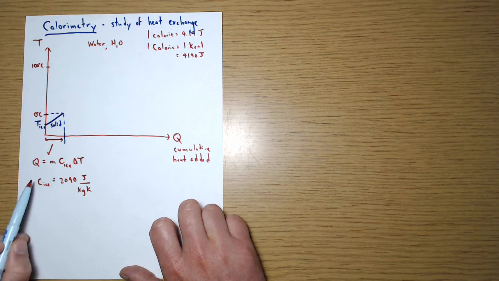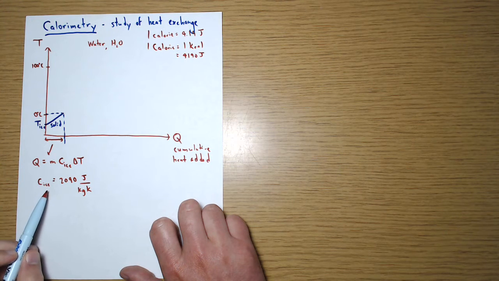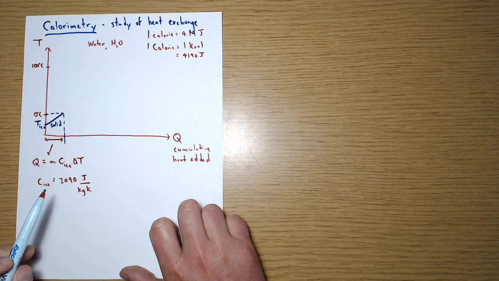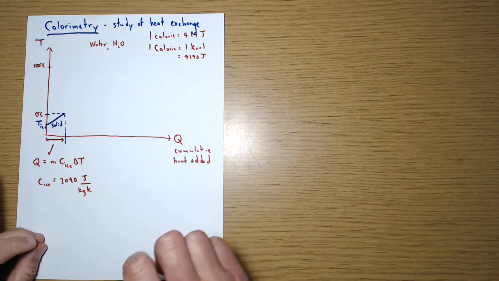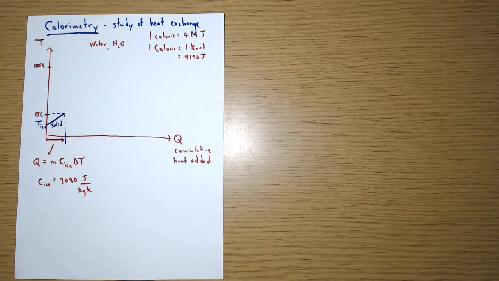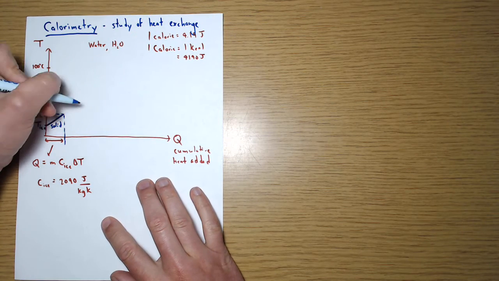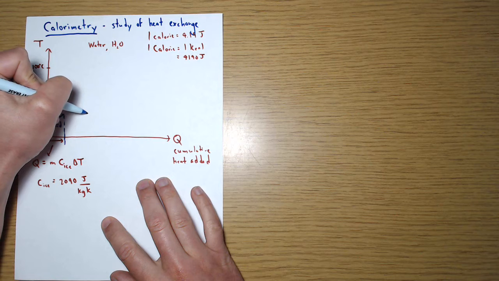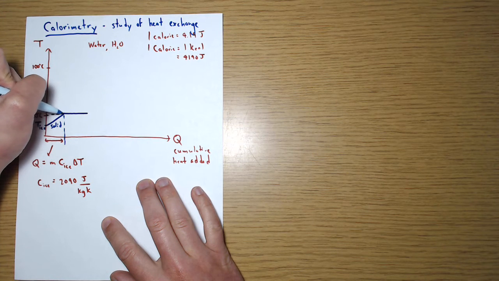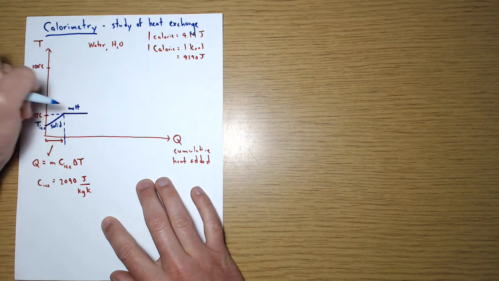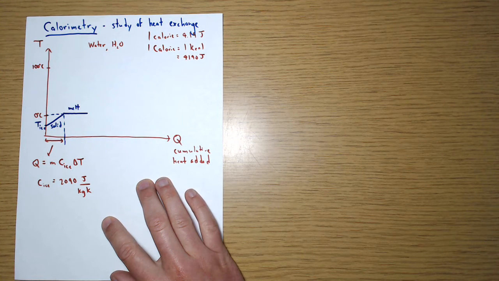This is the ability of ice to store energy in its internal degrees of freedom, but it still remains solid ice. If I continue adding heat to the ice, well, at 0 degrees is where it begins to melt. And when it's melting, there's a certain amount of energy it takes to melt the ice.